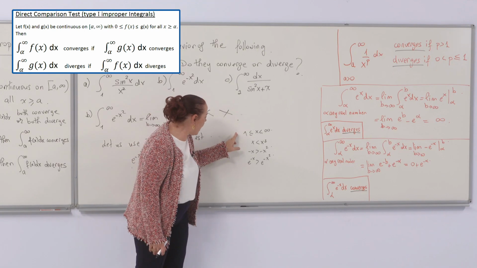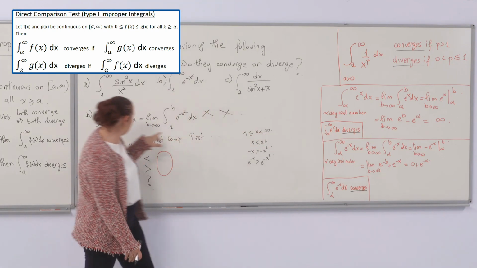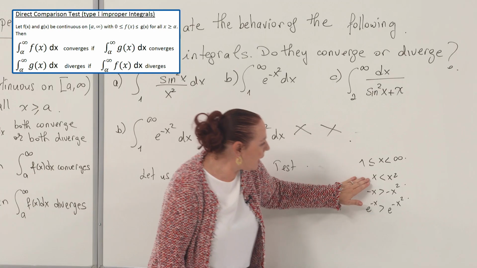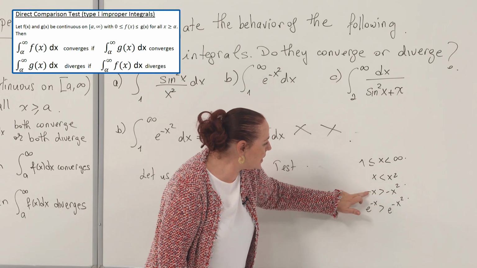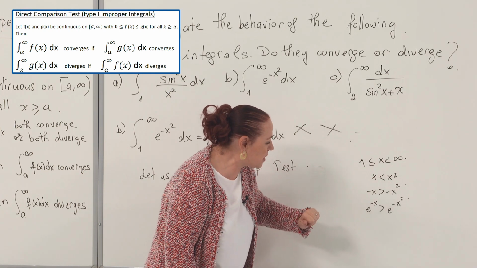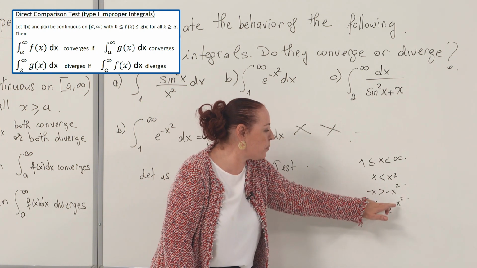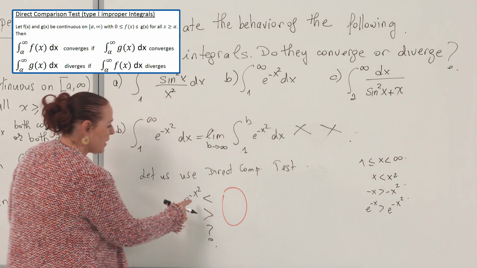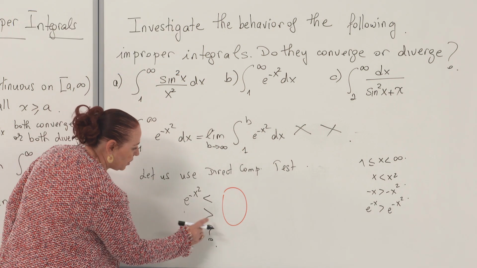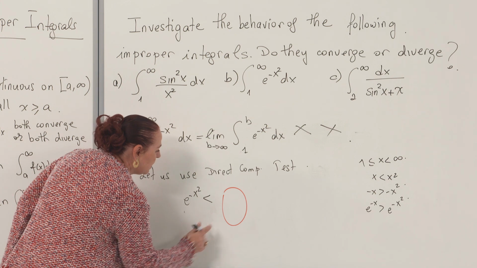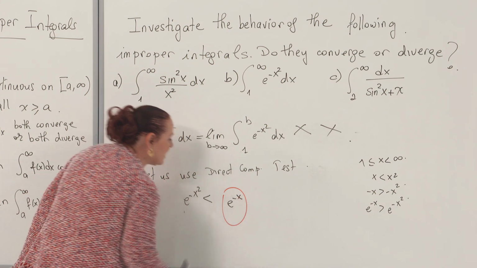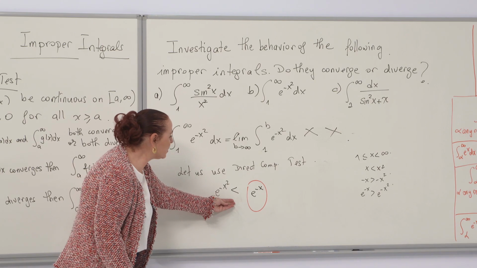So since x is between 1 and infinity, x is less than x squared, minus x is greater than minus x squared, so e to the power minus x is greater than e to the power minus x squared. So here I'm going to write e to the power minus x. What do I know?